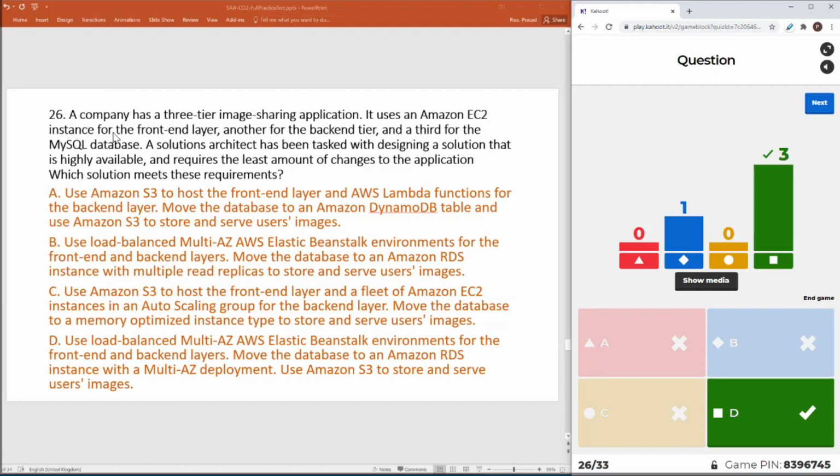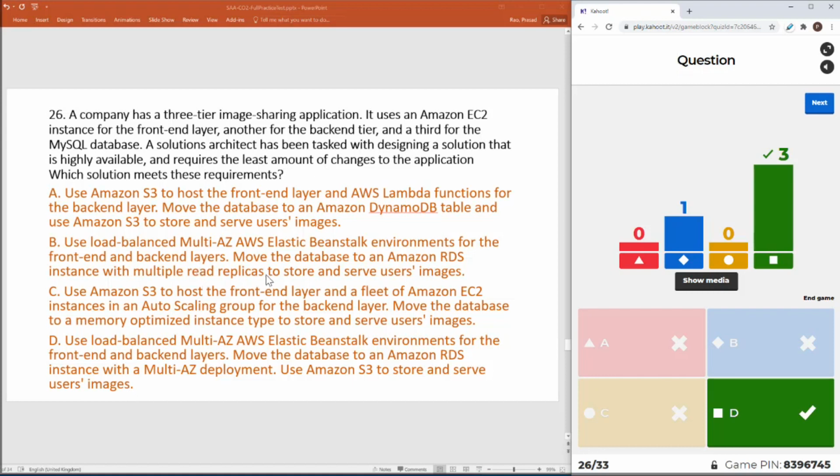So we go back to the question to see, designing a solution that is highly available. And because it is highly available, we need to have multi-AZ. But then there is another problem. It says use Amazon S3 to store and serve user images, and the question says least amount of changes.